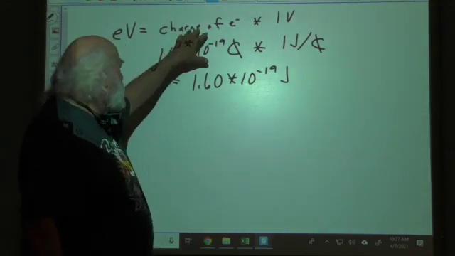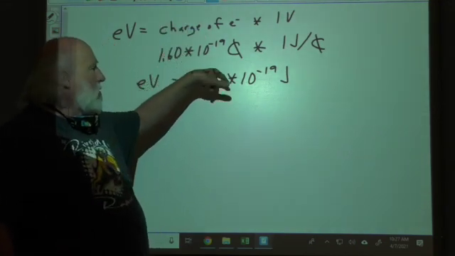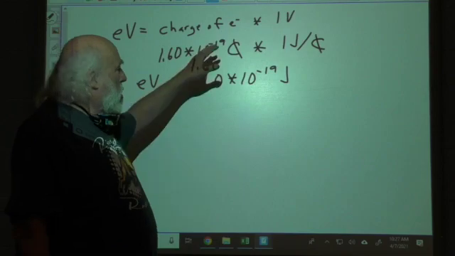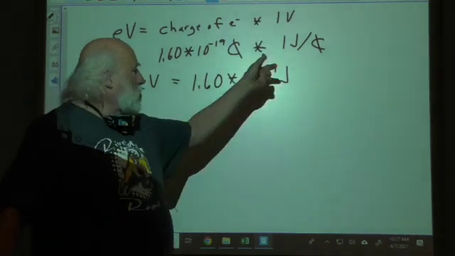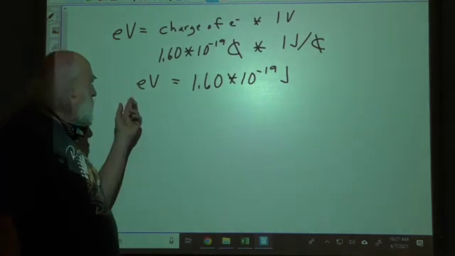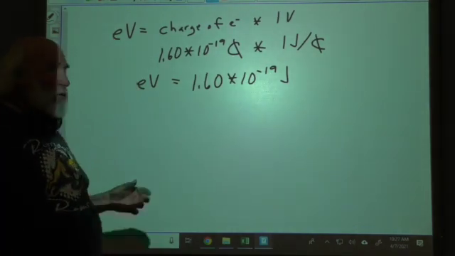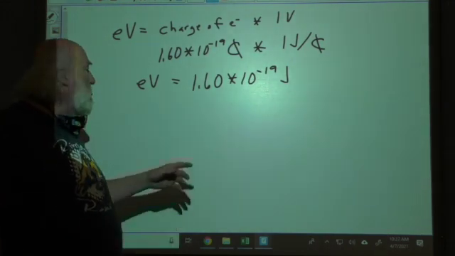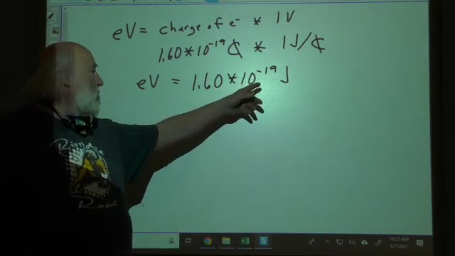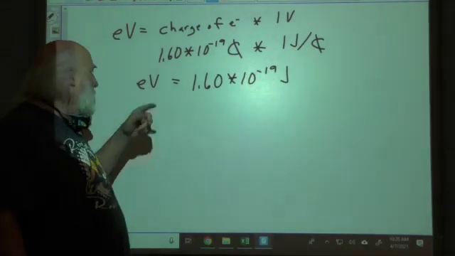And we know that the charge of an electron is 1.60 times 10 to the negative 19 coulombs. We also know that 1 volt has been defined as 1 joule per coulomb, so the coulombs cancel out. And our electron volt value, which is a measurement of energy, is 1.60 times 10 to the negative 19 joules for every 1 electron volt.